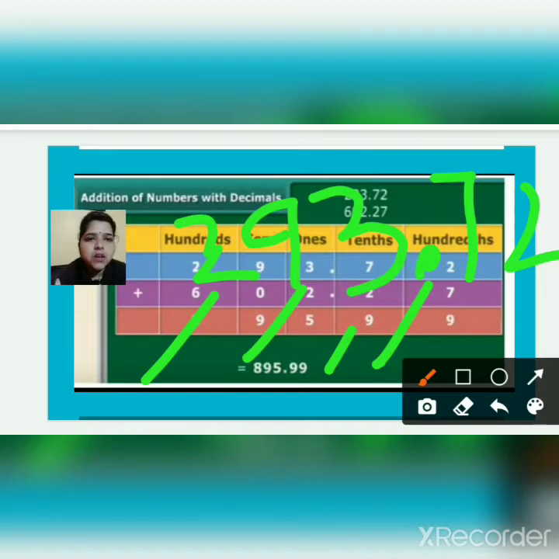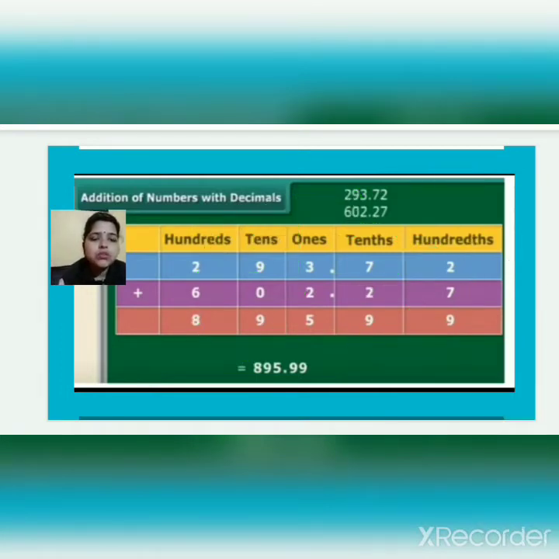The first place after the decimal point is the tenths place, and the next place is the hundredths place. So ones place has 3, tens place has 9, and hundreds place has 2. The decimal point comes after 3, and after the decimal point the tenths place is 7 and the hundredths place is 2.